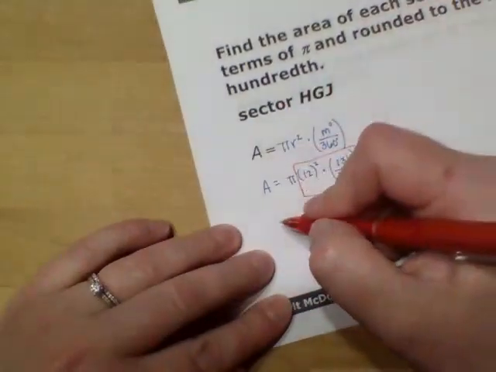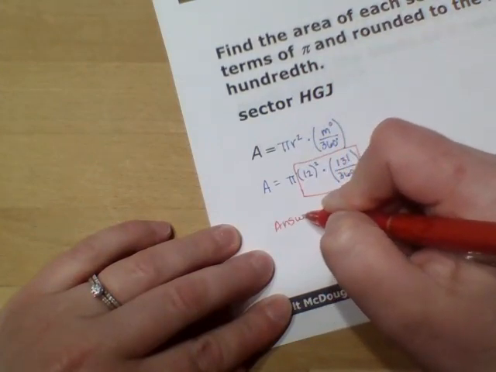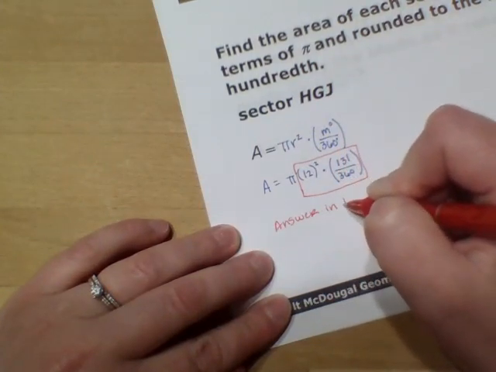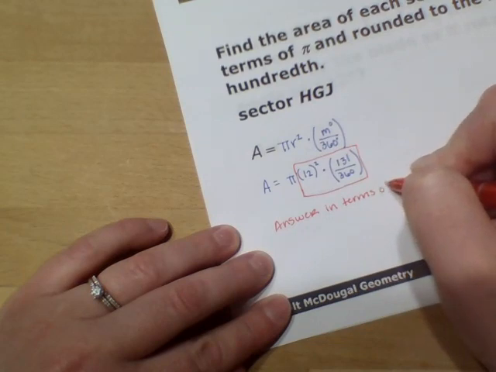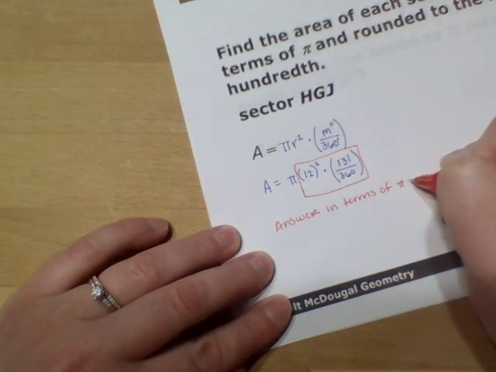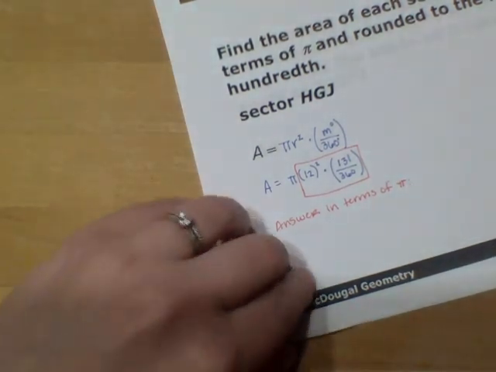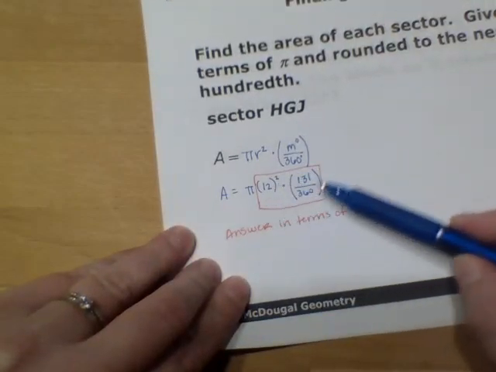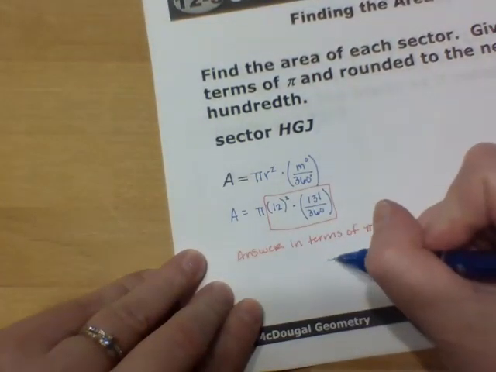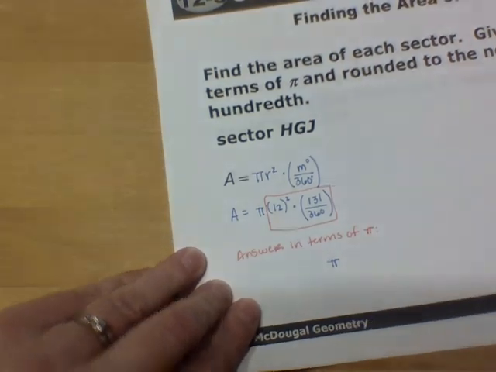Okay, so answer in terms of pi is just going to be this decimal and then a pi at the end.